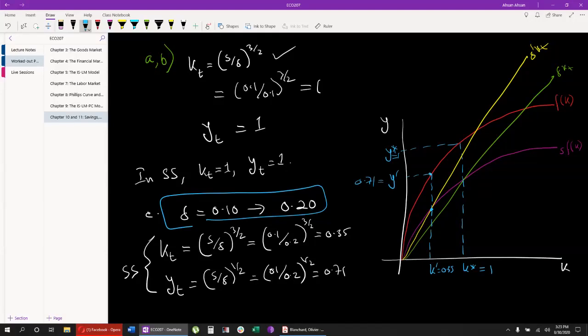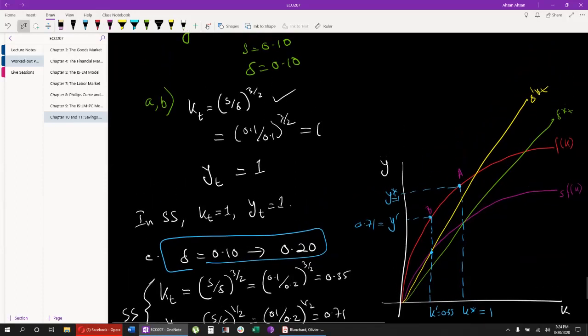Now you guys have to realize that we were at this point and then suddenly depreciation increased. That doesn't mean that we are going to immediately jump. Let's call this A, let's call this B. We're not going to suddenly jump from A to B. There's going to be a transmission mechanism, a lag period.